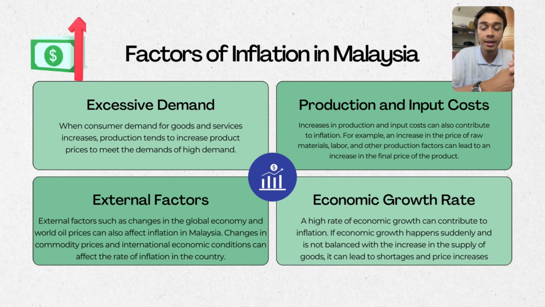As Malaysia is a net importer of oil, fluctuations in global oil prices can have a direct impact on the cost of transportation, manufacturing, and overall production costs. Higher oil prices lead to increased costs for businesses, which are often passed on to consumers.